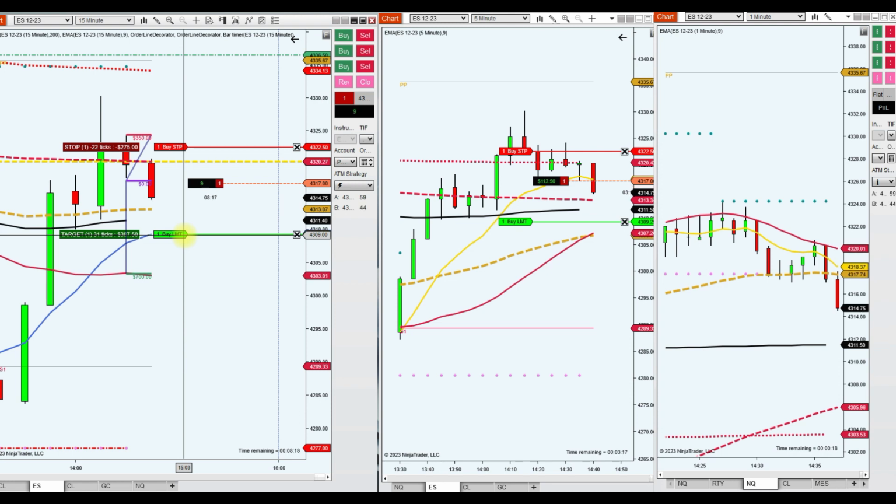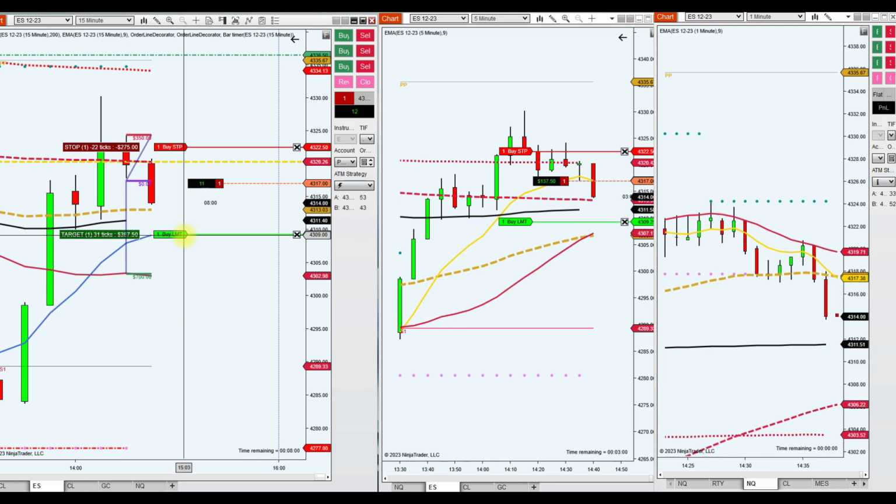Now let's see if the 5-minute red line is going to dominate the 5-minute gold line. See if we're going to go through there. Okay, I think at this point I will go ahead and move my stop to break even.